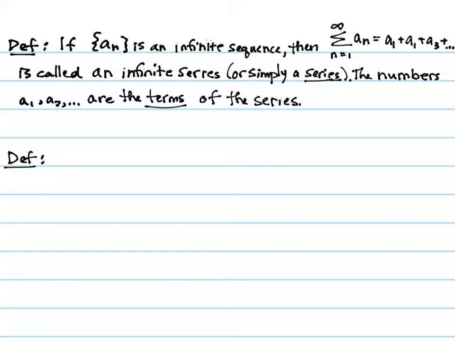And if we were to stop somewhere in the middle of the sequence that continues forever and we're adding up, we would actually get something called an nth partial sum.